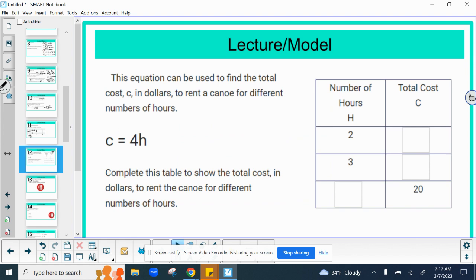The equation can be used to find the total cost in dollars, or C, to rent the canoe for different numbers of hours. Complete the table to show the total cost to rent the canoe after different numbers of hours. So this is saying to get to C, multiply the hours times 4.